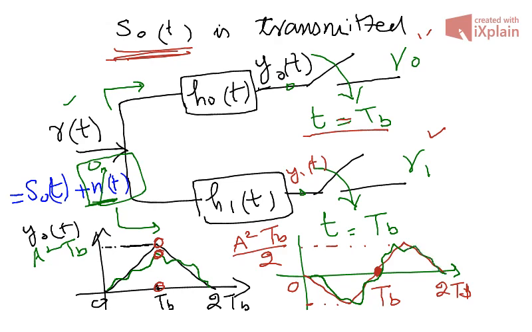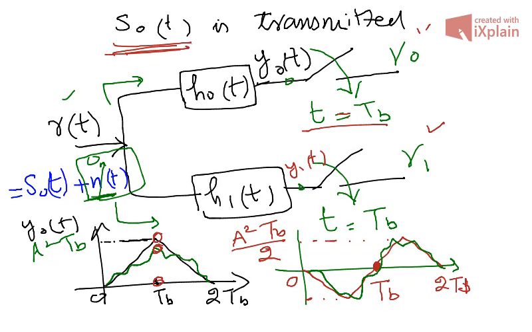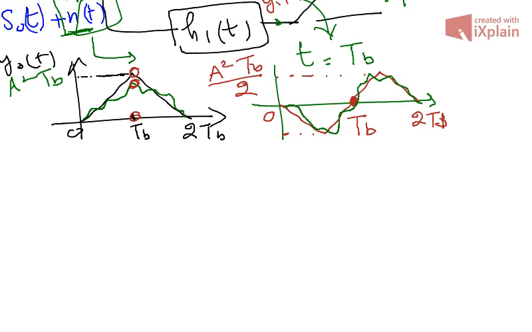So you would get some value other than 0, which means that in the absence of noise, we have very clear waveforms, but when the noise is there, we get some value. The value R0 is not exactly equal to the energy of the signal, but there is another term, which is the noise.